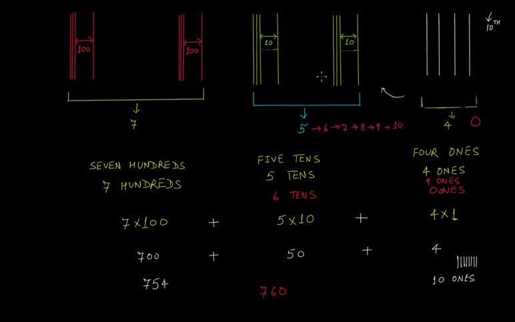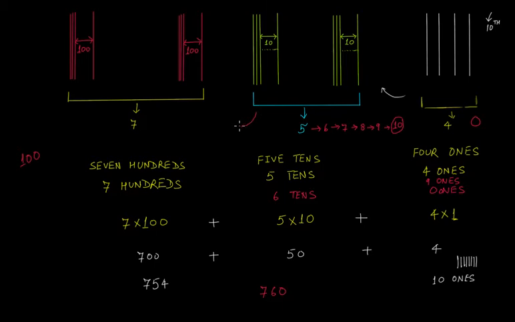Now you have 10 bundles of 10 line segments, and if you count them, one bundle is 10 line segments, so you have a total of 10 bundles. It means that the total number of line segments will be what? That will be 100.